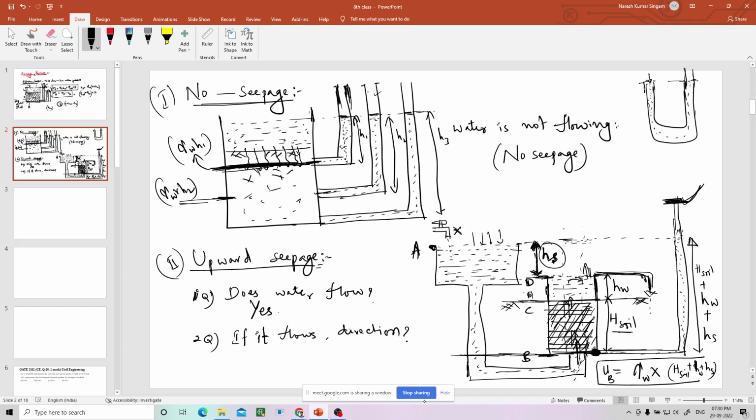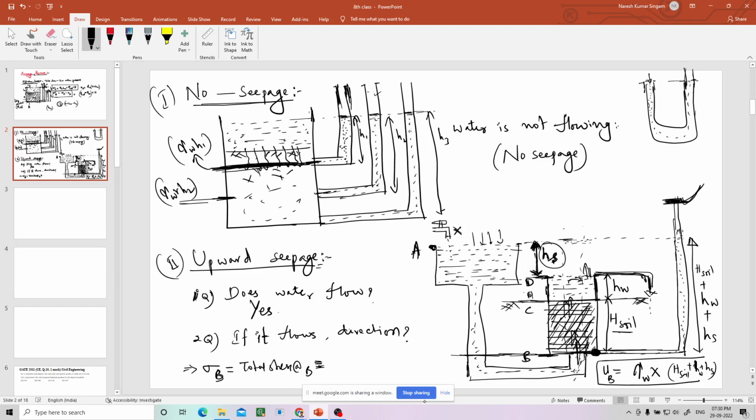So can you tell me the total stress at B, so that I can find out the effective stress at B? If you can tell me the total stress at B, I can find the effective stress at B just by deducting UB from sigma B. This is sigma B, the total stress at B. Now can someone tell me what is the total stress?